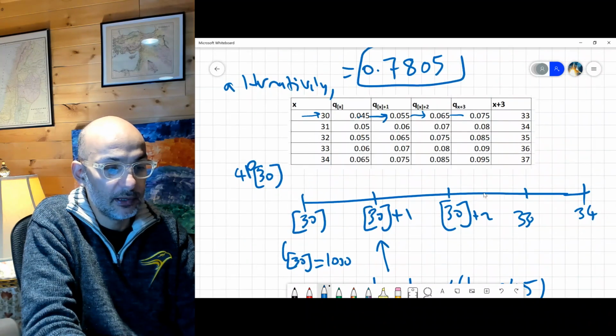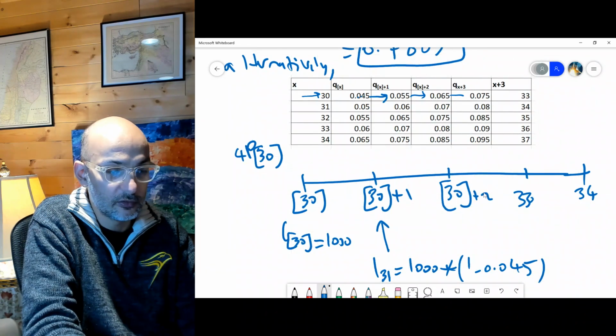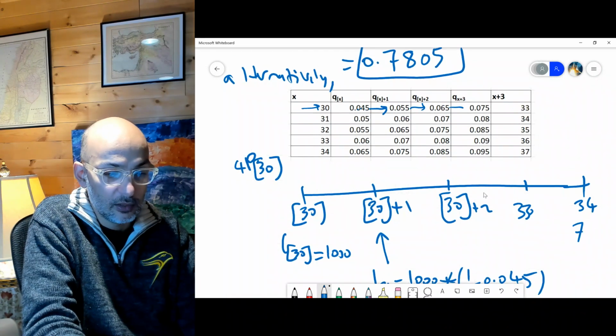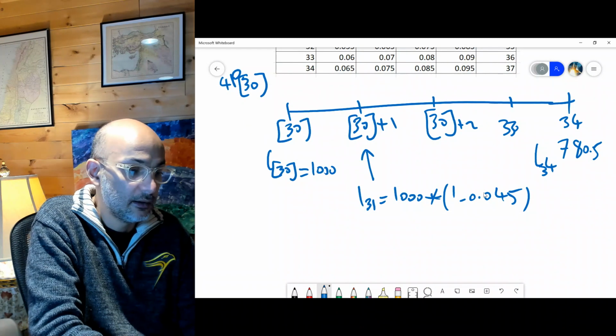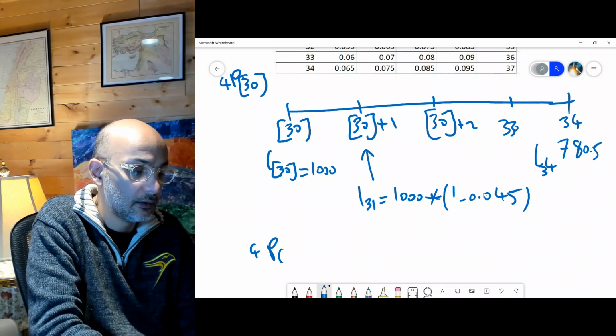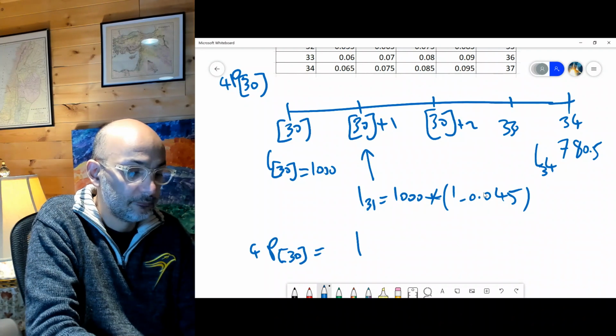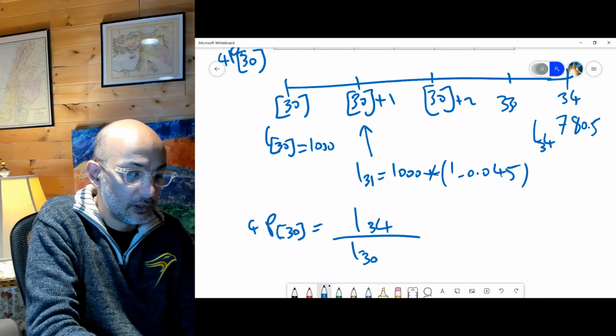The last number here will be 780.5, which is L34. And then 4p30, if you do it this way, will be L34 divided by L30. We keep the select plus 4.